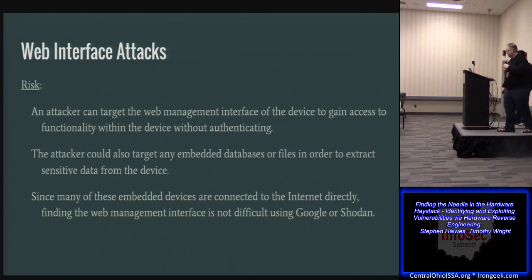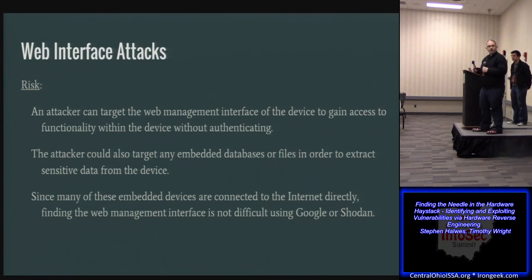Web interface attacks. So a lot of these devices have a web management interface. If you think of a SOHO Linksys router or something like that that's sitting on your home network, those interface attacks are going to be your standard OWASP type vulnerability: SQL injection, cross-site request forgery, remote file inclusion, stuff like that.